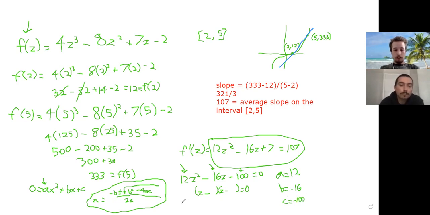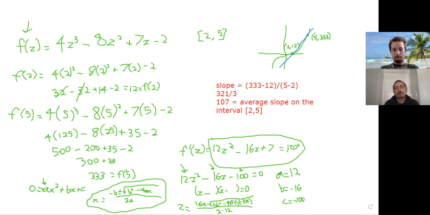And so when you plug that in, you're going to get Z is equal to negative B, which is negative 16, so you're going to get positive 16, plus or minus the square root of B squared, so negative 16 squared, minus 4 times A, which is 12, times C, which is negative 100, and then all over 2a, where a is 12, so 2 times 12.